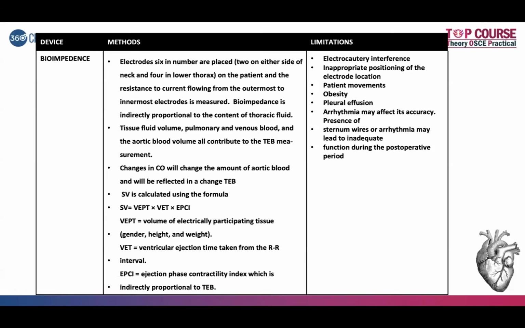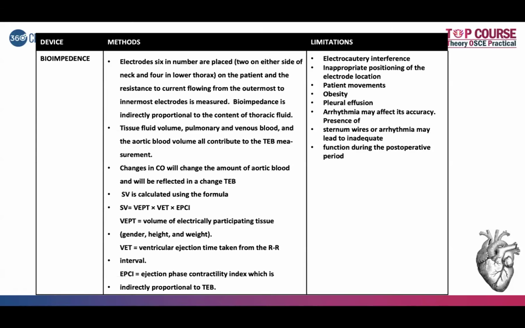So the stroke volume is usually calculated from the volume of the electrically participating tissue, the ventricular ejection time taken from the RR interval, and the ejection phase contractility index, which is indirectly proportional to the bioimpedance. I don't think you have to remember this formula, but just the concept, if you remember, is more than enough.